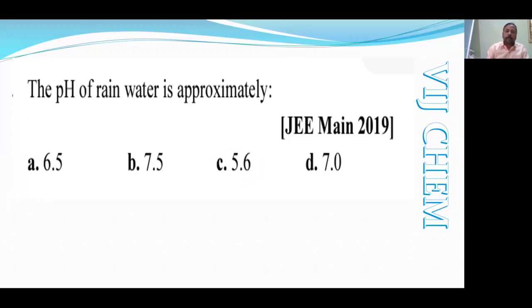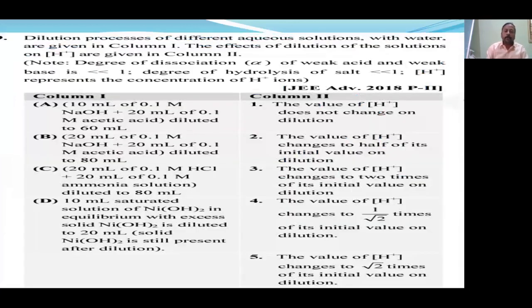Okay. Now let's go on to the next one. This is a matrix match question. Now let me read out whatever is given. Dilution process of different aqueous solutions with water is given in column 1.